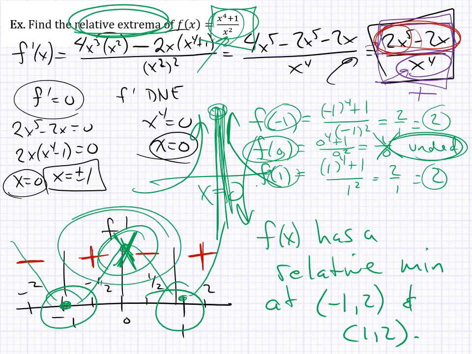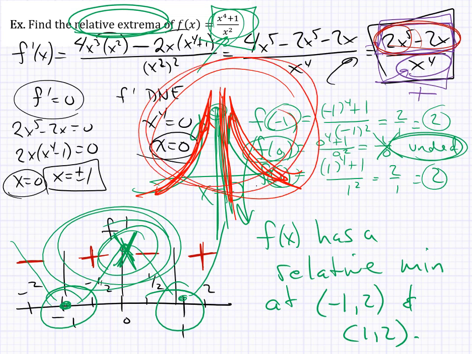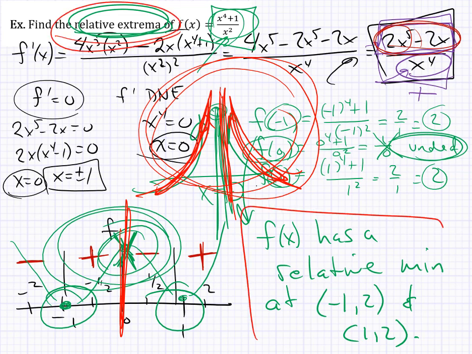What we can see from this is, since we're increasing on one side and decreasing on the other side, I can see that this is what's going to happen to my graph. If I have a vertical asymptote at 0, on one side I'm increasing, on the other side I'm decreasing. So right away I know the behavior of my graph around that vertical asymptote that's right here. But as far as the question goes, relative extrema, this is all we needed to know.